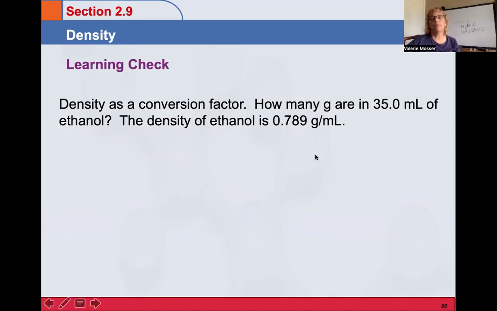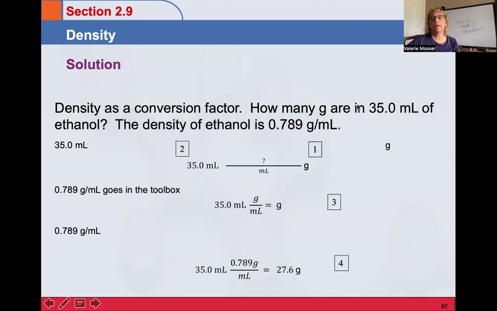We're trying to find grams in this problem, and we've been given 35 mL to start with. So we're going to put grams here, mL here. We're going to put mL on the bottom and grams on the top. We want the mL to cancel, and we want to introduce our grams.